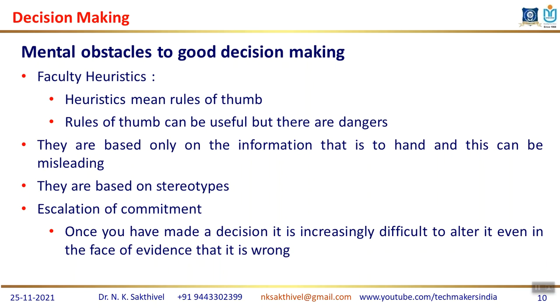But at the same time, a poor performer not coming to office on time, we wanted to take action. So, that is a mental obstacle. So, for one particular employee, we wanted to take action. For another good performer, okay, he committed a small mistake, still should not take action. That type of wise decision should be taken. So, that is related to faculty heuristic.